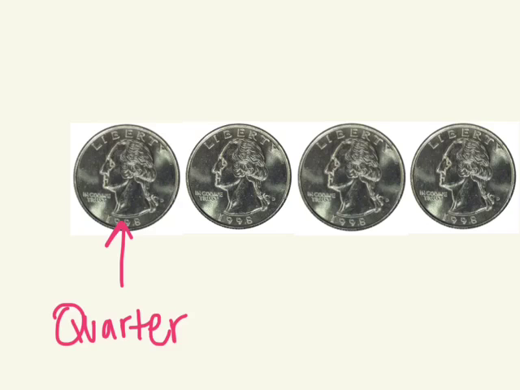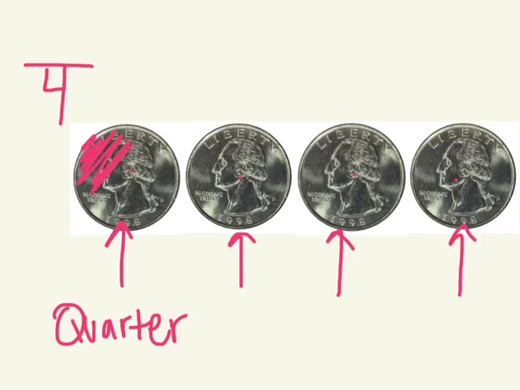I have a quarter, and there are 1, 2, 3, 4 of them that make up my dollar. For my fraction, I have 1, 2, 3, 4 coins, and I'm going to color in one of them. So I'm talking about 1 out of 4 quarters.